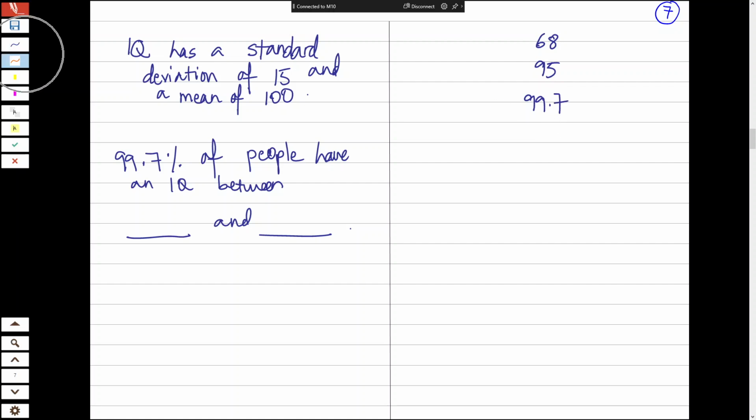All right, suggestions. Let's remind ourselves, what does the 68, 95, 99.7% rule state? It's actually a question on your assignment. I'll give you a mark just for stating the rule. Say it again, Jess.